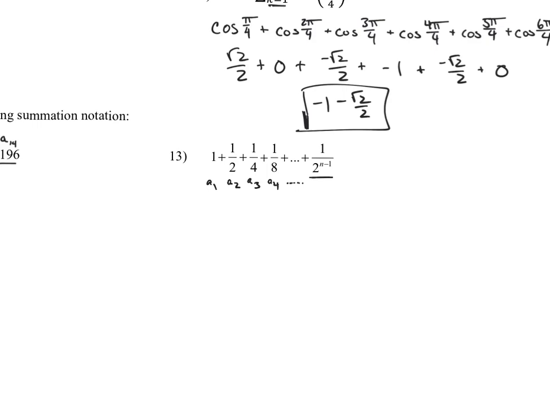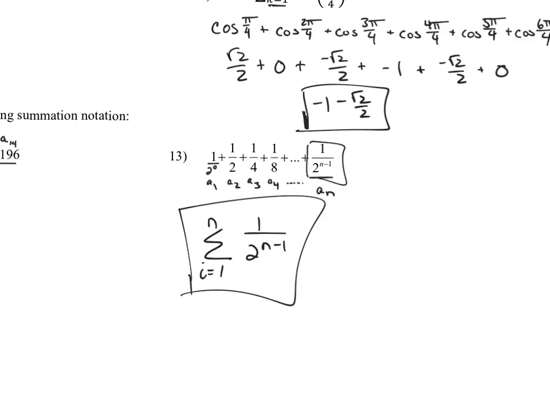The question is, is this a-n or a-n minus 1? We know that since 1 is really 2 to the 0, this whole term is actually our expression, so this is a-n. We're going to count from 1 to n, and then they told us how to find it: 2 to the n minus 1. And that's it. All right, let me know if you have any questions.